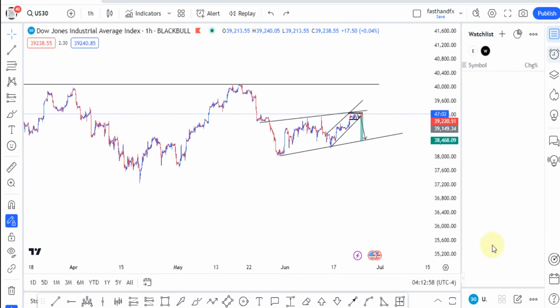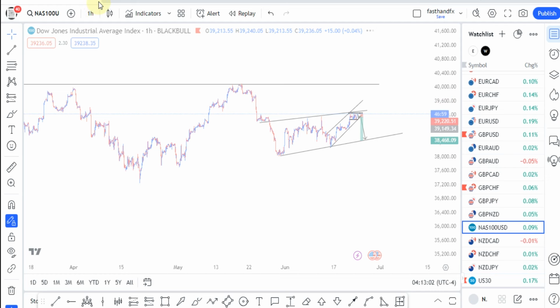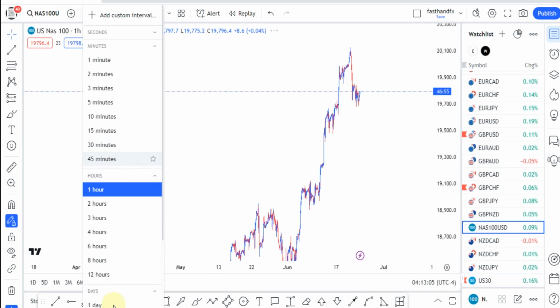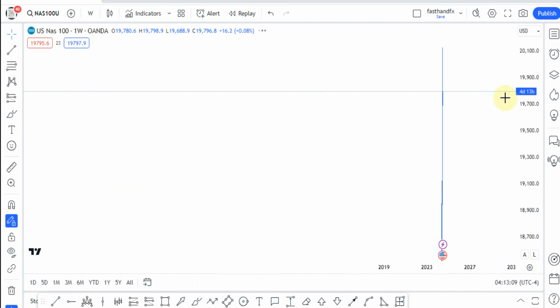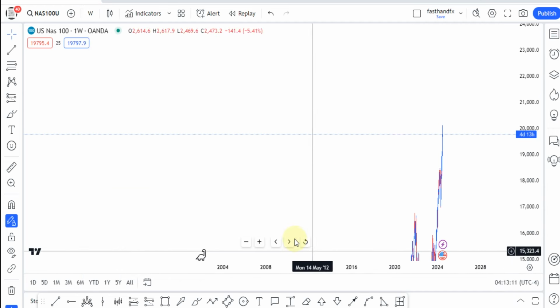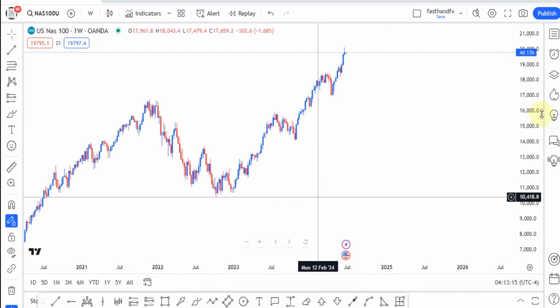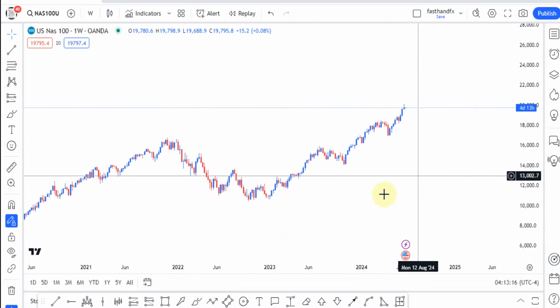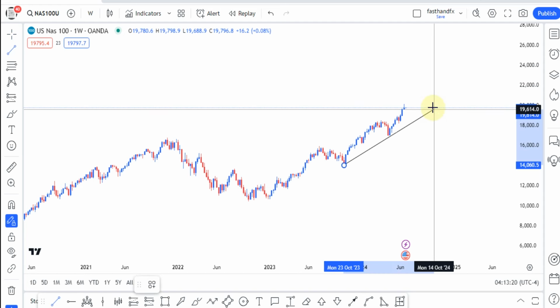Now let's go to the Nas100. Okay, I'll hit the weekly, right? So based on the weekly, this is what we have. We see the price just looking way too bullish. Okay, Nas is too bullish.